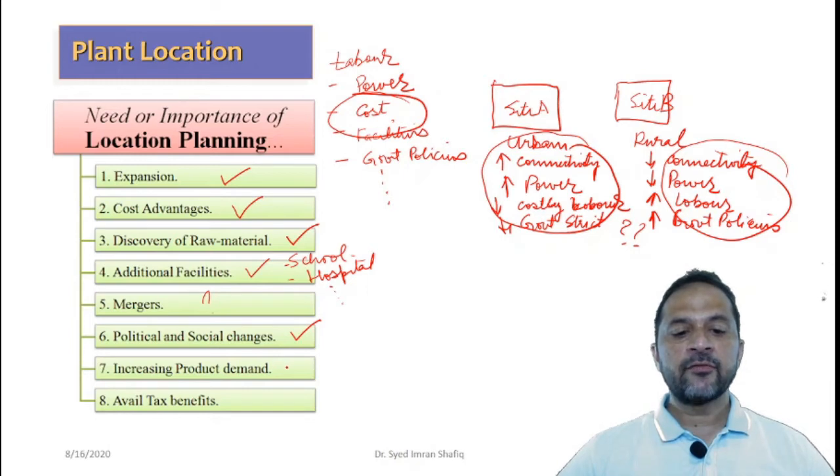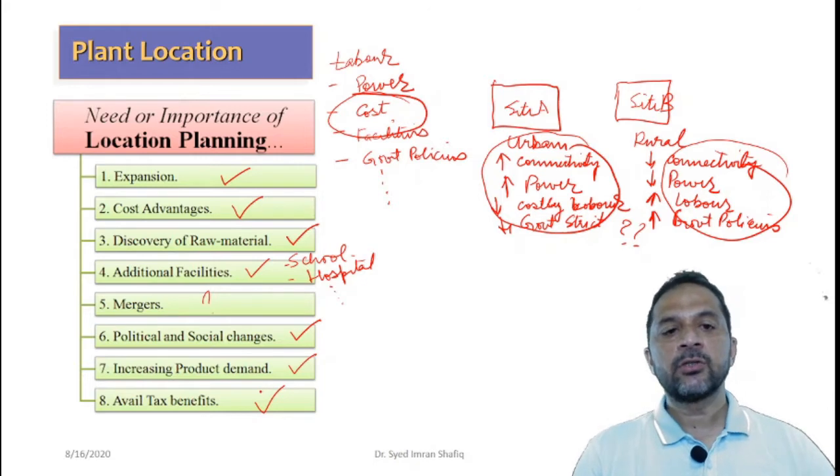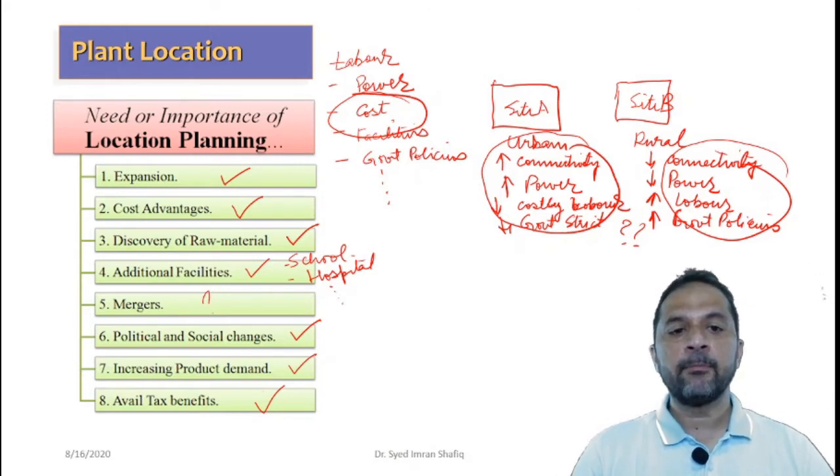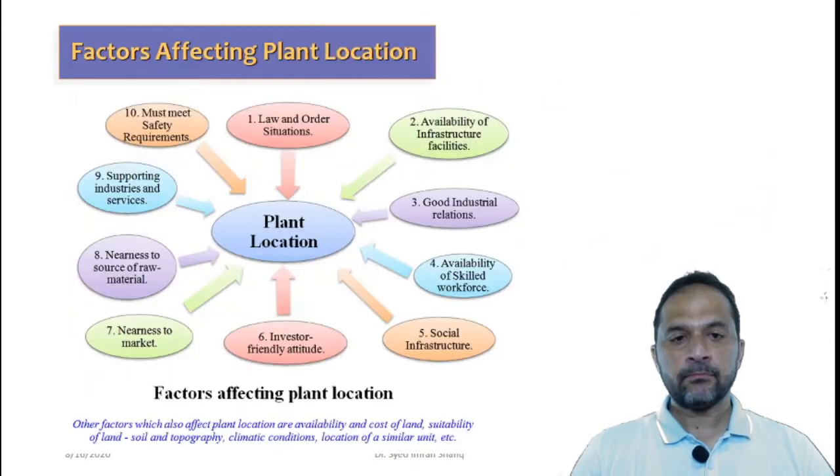And if the product demand increases, how will that location be able to cope with that increase in demand? And what are the tax benefits in that region? So these are some of the important factors for the location of a plant.